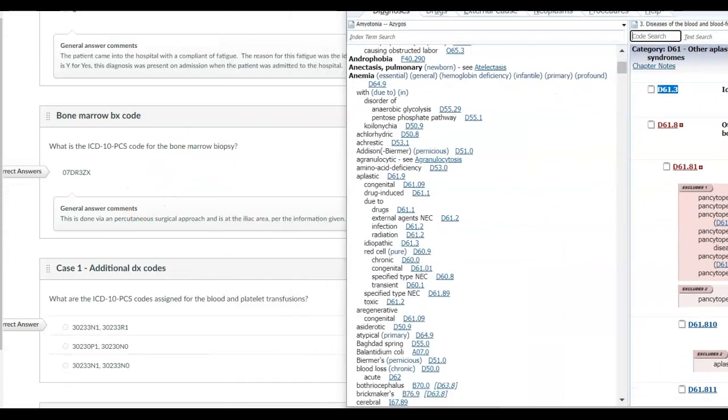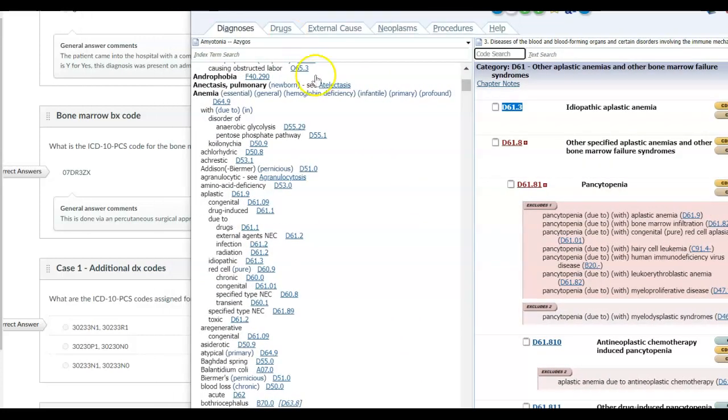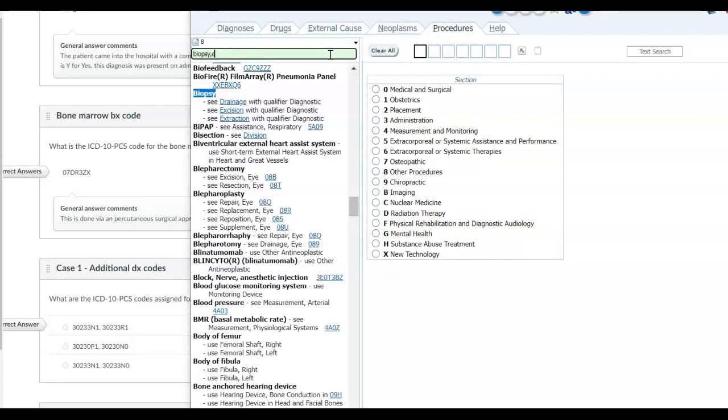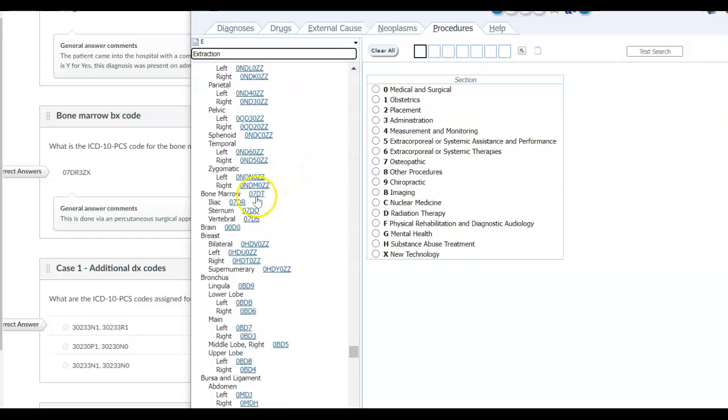And we have our first procedure here, which is the bone marrow biopsy. And when they do the bone marrow biopsy, keep in mind, we're going to look at the root of this. It's going to be extraction. So real quickly here, if I go to biopsy, and then I'm going to go right here to extraction. And we know it's bone, correct? We know it's bone marrow, correct?